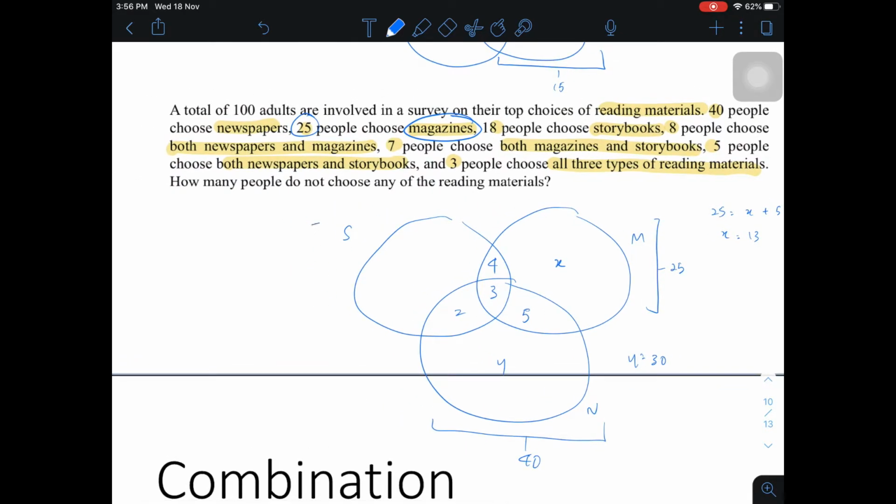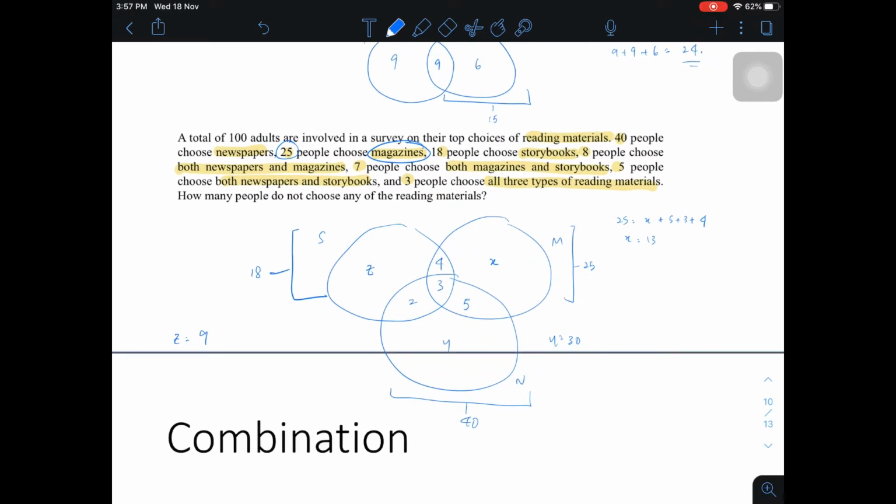So storybooks, we have 18 people chose storybooks. So this would be our unknown z, and we will get 18 subtracted by 3 minus 2 minus 4, which would be 9.